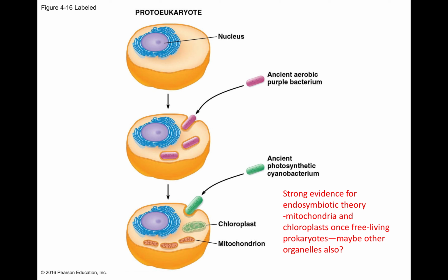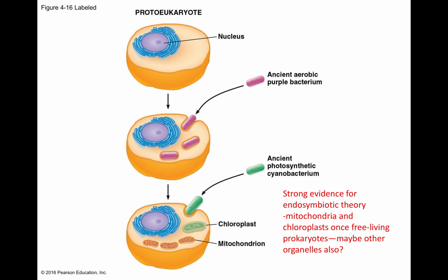Okay. So, I mentioned before that mitochondria have their own DNA and it's circular DNA. Chloroplasts also have their own DNA and it's circular DNA. We know from that long, boring table slide that circular DNA is a characteristic of both bacteria and archaeans, characteristics of prokaryotes.